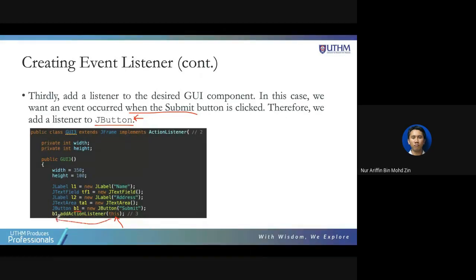In some conditions, you need to put the instance over here. Let's say you have JButton B2, for example, you put B2 over here. But for this one, you put this to reflect that the instance associated with the ActionListener is this one, B1. So we put this. This is a predefined statement.